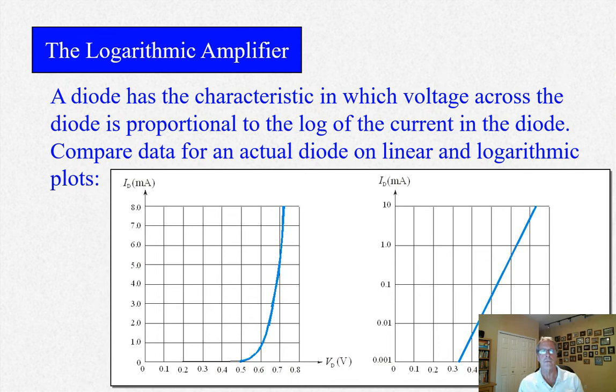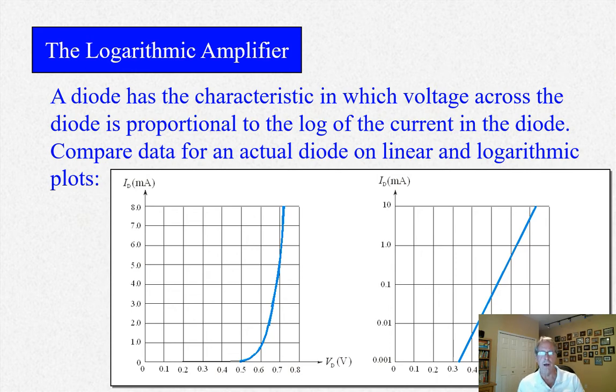So what we'll do is put it through a log amp, and a log amp will amplify low-level signals and attenuate high-level signals. So it's a non-linear amplification. Anytime you want to do that sort of dynamic range expansion or compression, you use a log amp.